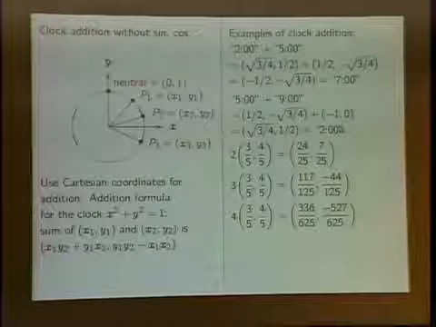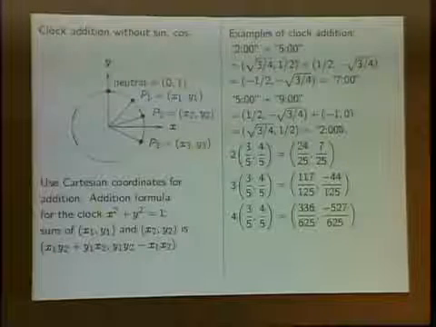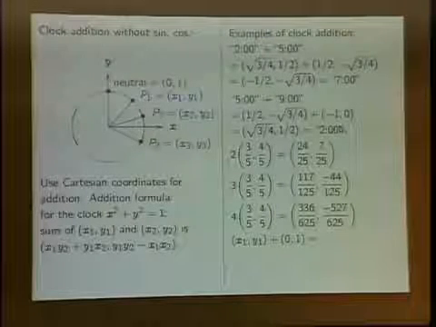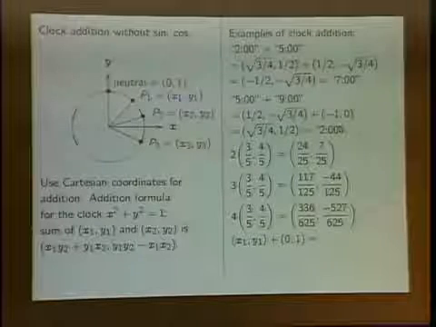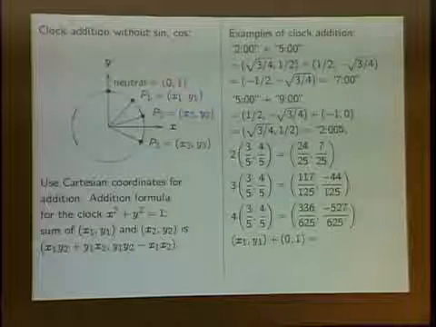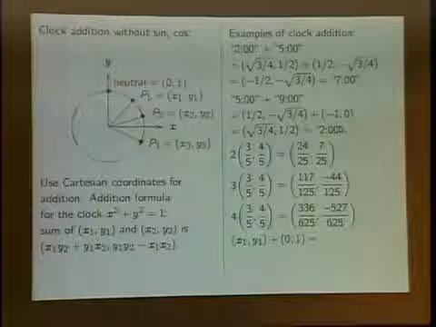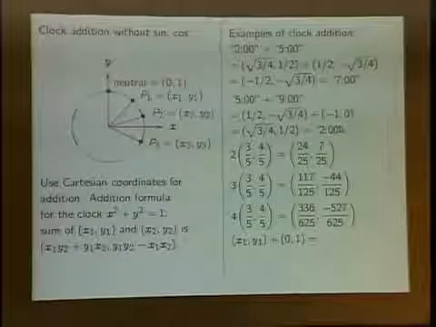I already mentioned the 9 o'clock point being somewhat special. There's one point which is very special, namely the 12 o'clock point. If I ask you what's the time 12 hours after 1:30? Well, it's 1:30. So adding (0,1) to anything shouldn't change the value.